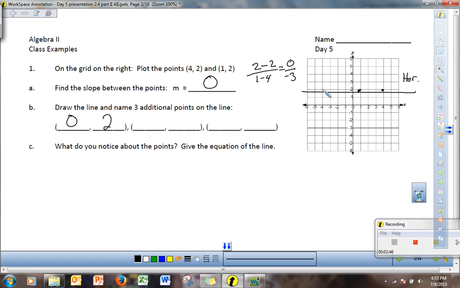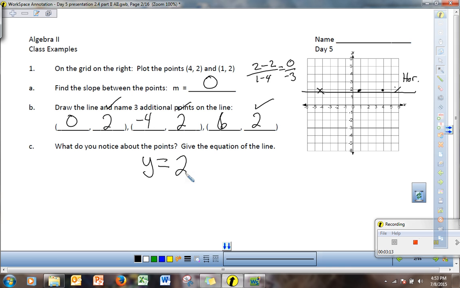I might pick this guy, (negative 4, 2). I might pick this guy, which would be (6, 2). It doesn't matter what points you pick, guys, but I want to point this out. Notice that all of my y values happen to be 2, no matter what. So the equation of this horizontal line is y equals 2.